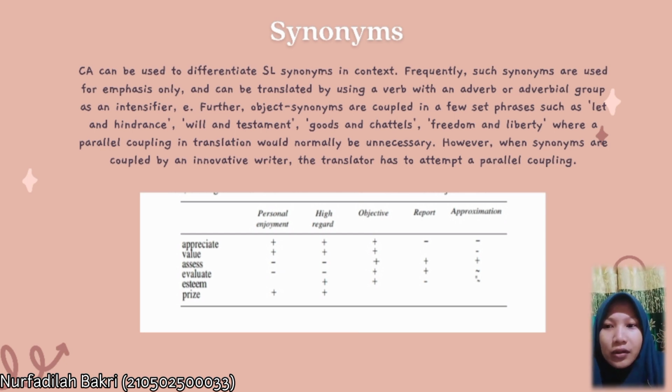Evaluate: personal enjoyment minus, high regard minus, objective plus, report plus, approximation minus. Esteem: personal enjoyment no, high regard plus, objective plus, report plus, approximation minus. Prize: personal enjoyment plus, high regard plus, objective no, report no, approximation no.